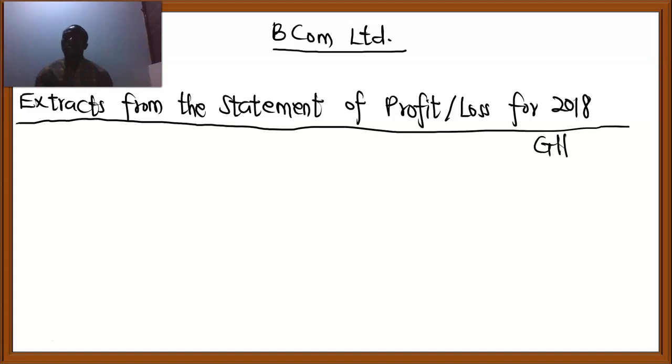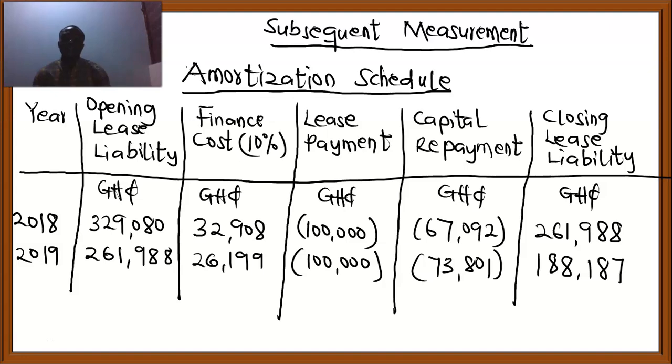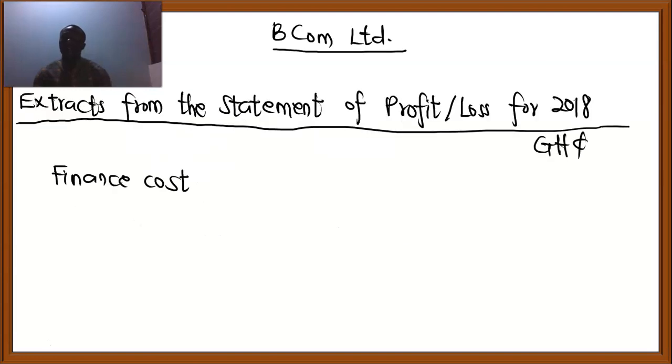So one of the expenses is finance cost. When we refer back to the amortization schedule, we had in respect of 2018, we have finance cost of 32,908. It's an expense, so we show it as a debit. So that is 32,908. Then we have depreciation expense.